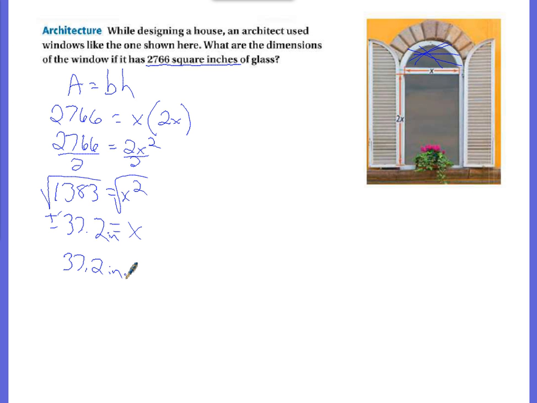And what is that 37.2 inches? What is that? It's a dimension. Which dimension is it? Yeah, it's x, but which dimension is that? The base, the length. That's x right there. So that's the width.